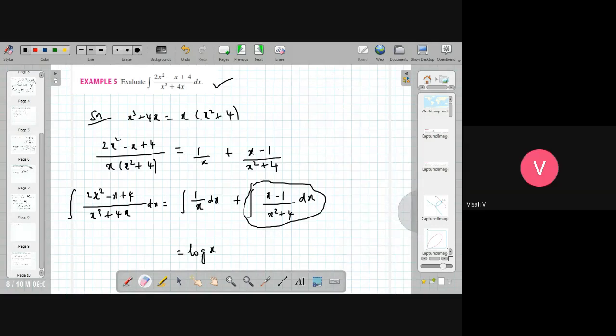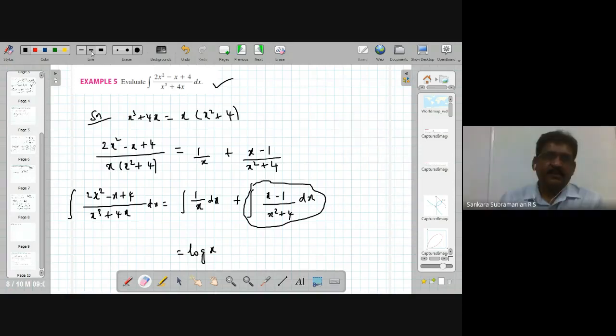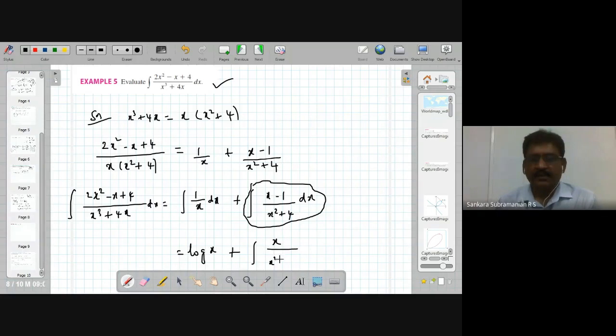Splitting the terms, x by x square plus 4, good. So if I do that, I can get x by x square plus 4 into dx, minus integral dx by x square plus, I can write it as 2 square.